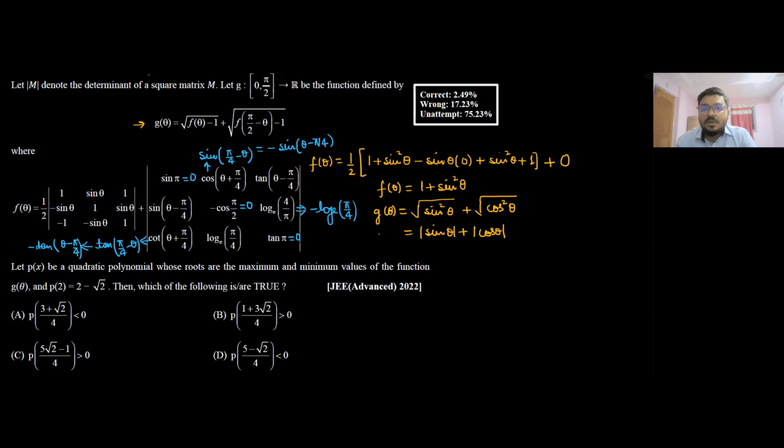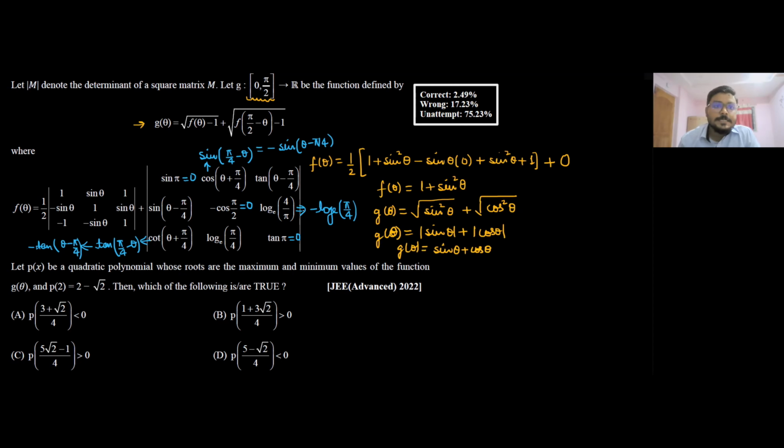Can you see the domain of this g theta? The domain is from 0 to pi by 2, means first quadrant, and in the first quadrant all sine and cos are positive. That means we can open this modulus with plus sign. So g theta is sine theta plus cos theta. So finally, we got this function g.